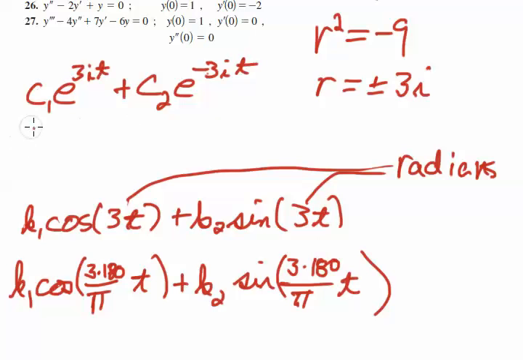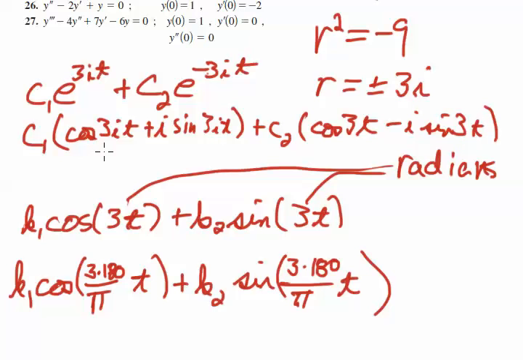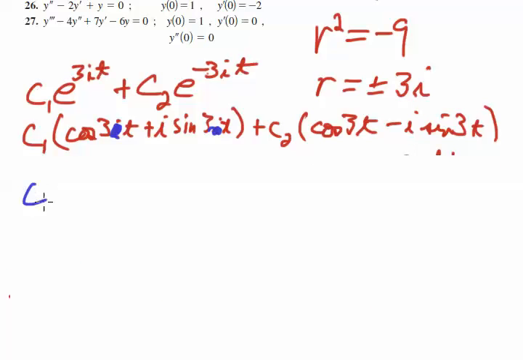It should be noted that this is actually c1 times cosine 3t plus i sine 3t, whereas this is c2 times cosine 3t minus i sine 3t, and I should fix this because there should not be an i inside the cosine. This is equal to c1 minus c2 i.